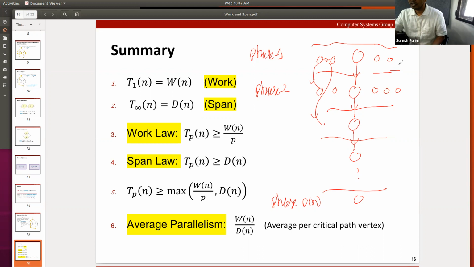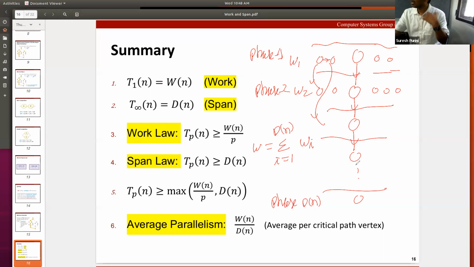Later on we will see a formulation. If W1 is the number of nodes in phase 1 and W2 is the number of nodes in phase 2, and so on, then the total work W is equal to the sum from i equal to 1 to D of n of Wi. This is the total work in this diagram.